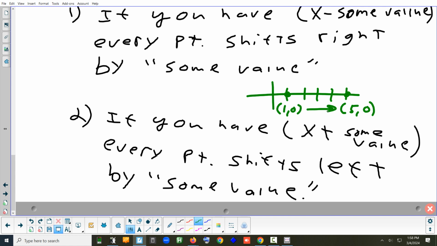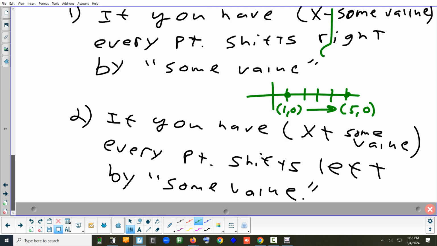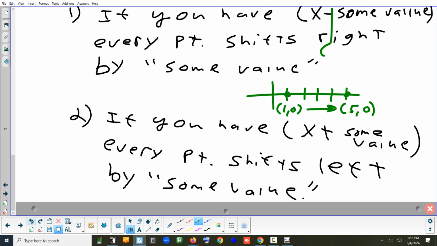If you shift something to the right, what happens to the x value? It grows. Yeah, it increases, exactly. So when you have x minus a value, it is going to shift to the right. But what we have to remember is it's backwards, just like we've learned all year. Minus a value is going to cause the x value to get bigger. That's why it shifts to the right.